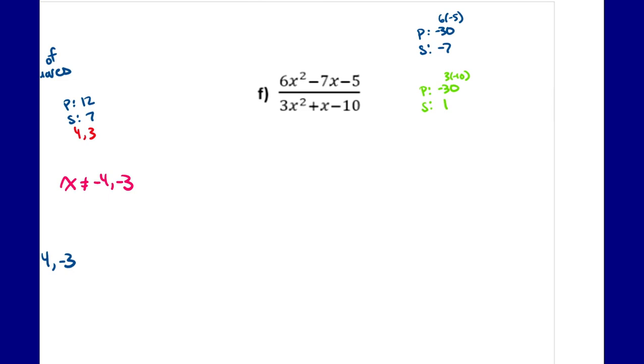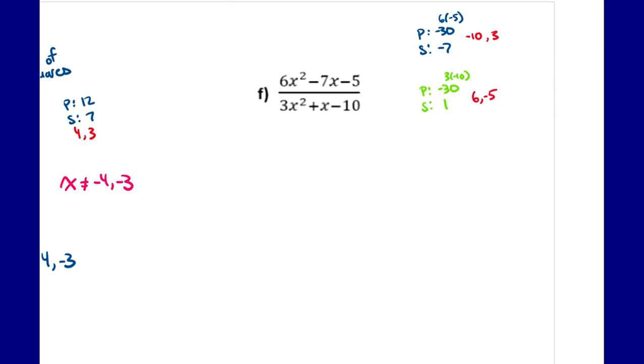So if I look at what they could possibly be, for the first one, two numbers that multiply to negative 30 but add to 7, we would have negative 10 and positive 3. For the next one, we would have positive 6 and negative 5.